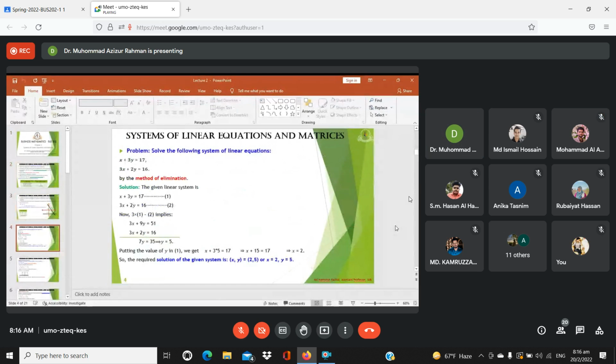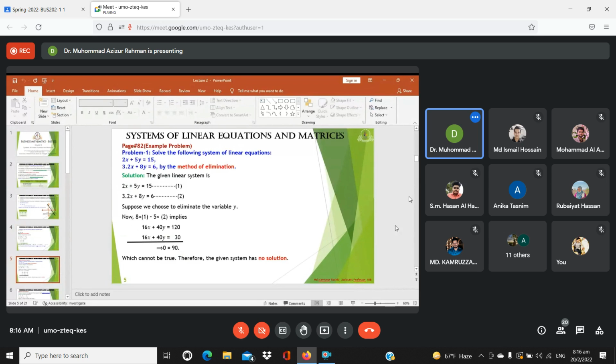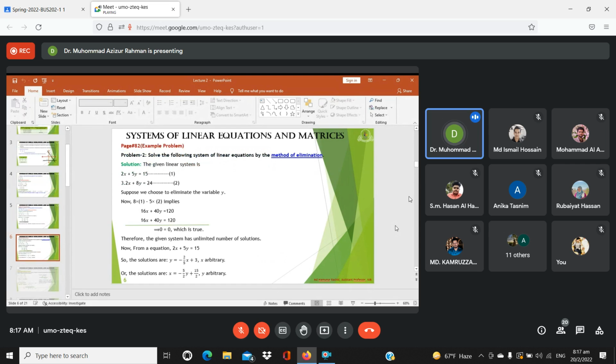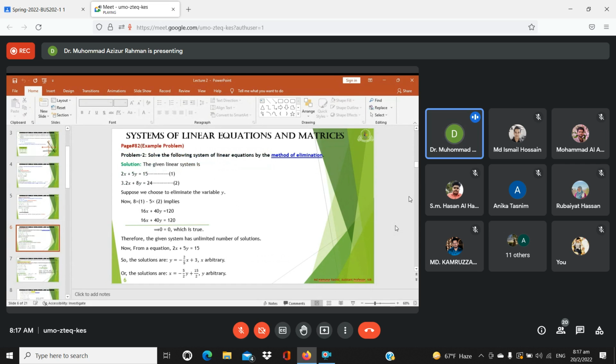Okay. So in the previous class we discussed this problem: if there are two different equations, how we can solve them. So today we will continue with this one. There are two equations, and we need to solve this.